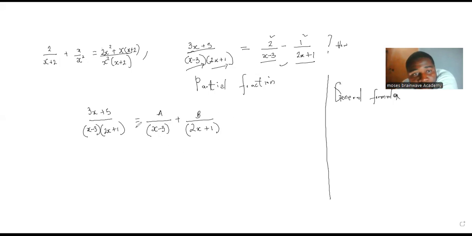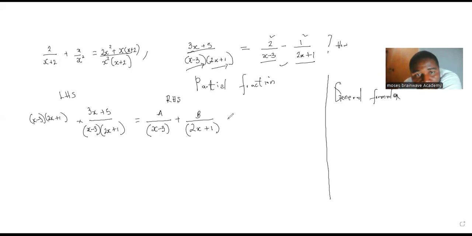Good. So basically, I'm supposed to clear the fraction. It's very simple. I'll multiply all through by the denominator, x minus 3, 2x plus 1. And since I multiplied the left-hand side, I have to do that to the right-hand side also.